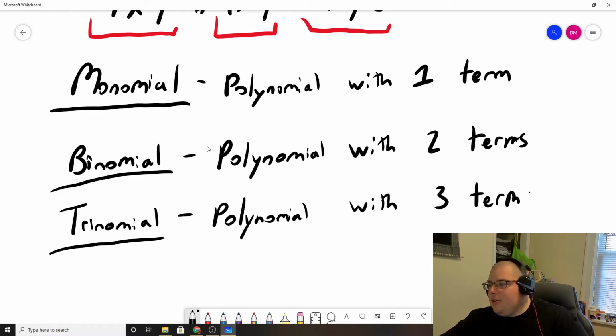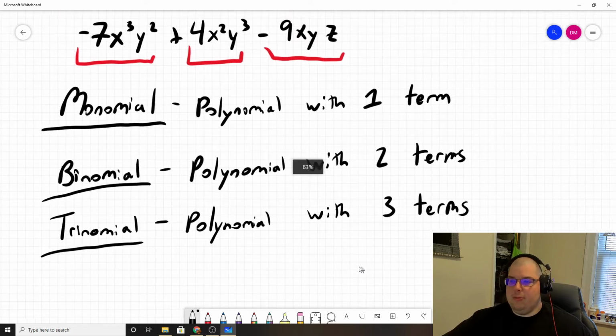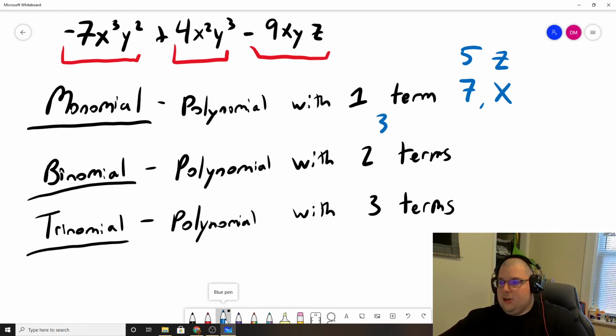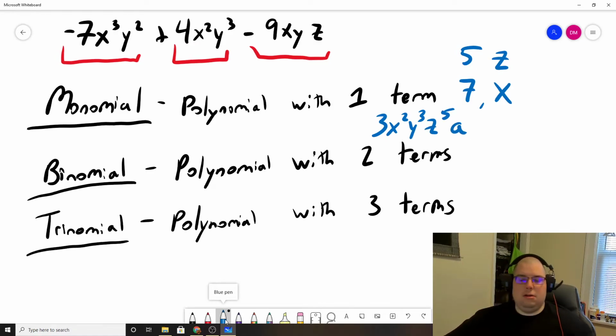And now it doesn't matter the size of those terms, as long as it's one term long, it's a monomial. So things that are monomials would be just numbers, like 7 or 5. Or they could be a single variable like x or z. Those are all monomials. Or it could be a collection of numbers and variables all multiplied together. For instance, 3x squared y cubed z to the 5th a is a single term polynomial because there is no addition or subtraction there.